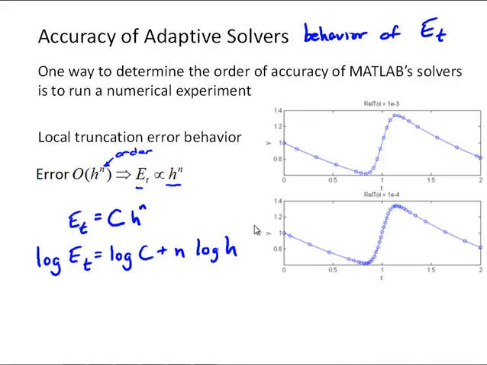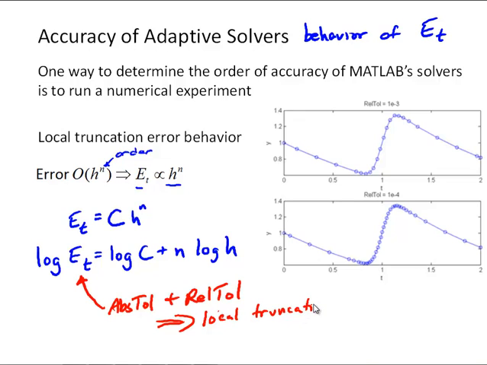And what we can do is use those tolerances, the absolute tolerance and the relative tolerance on these adaptive solvers. These basically set what that local truncation error needs to be in order for the integration to progress.